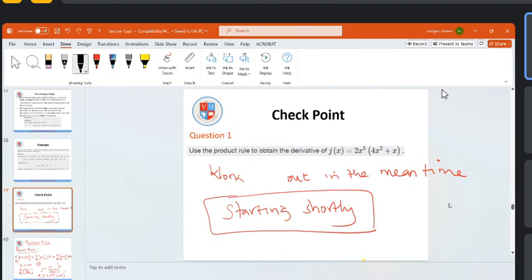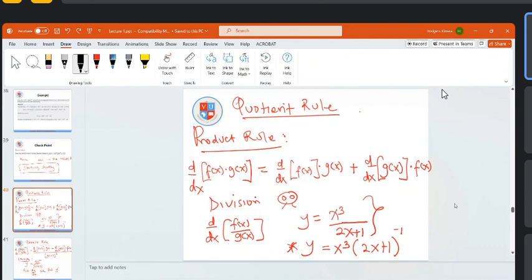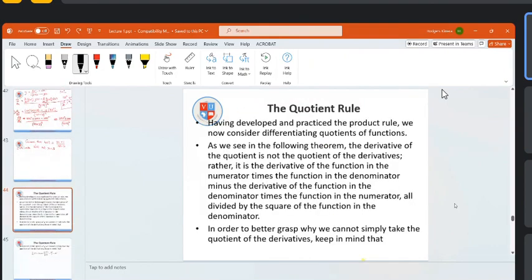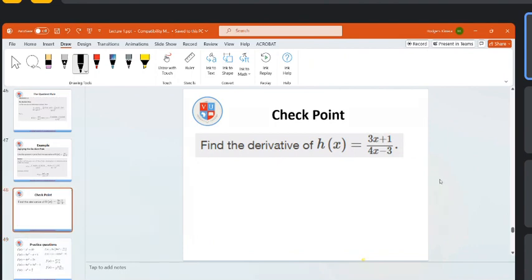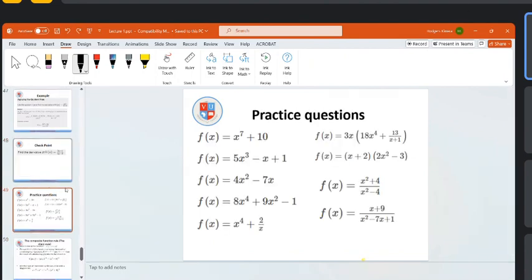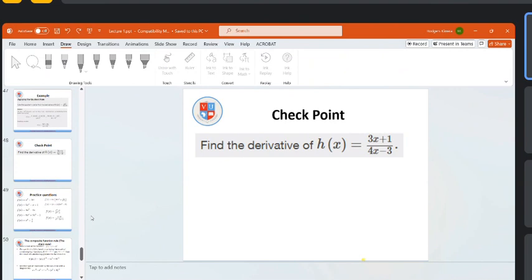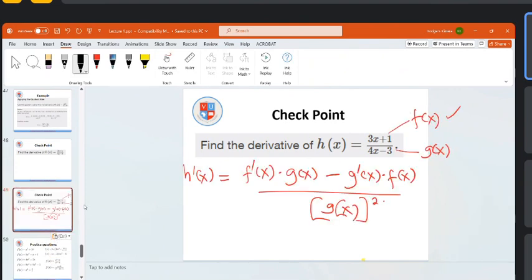Down here, product rule, quotient rule. Here is an example, and this one, maybe the best.